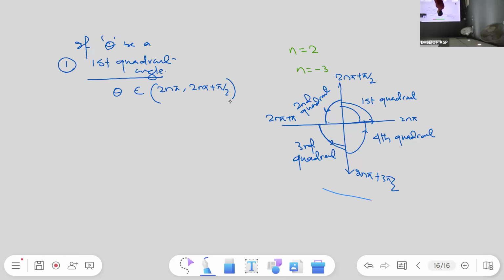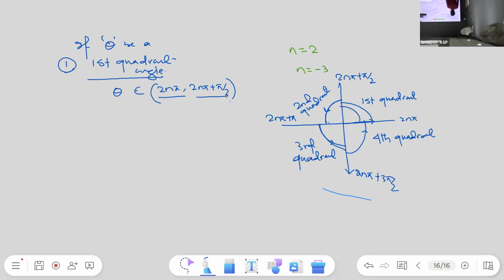If the first quadrant angle is 0 to 90, then what about 360 degree to 450 degree? 360 degree to 450 degree belongs to the first quadrant. 720 degree to 810 degree, first quadrant. 1080 to 1170, first quadrant. So in general, the first quadrant angle is 2n pi to 2n pi plus pi by 2. If you take n equal to 0, it will be 0 to pi by 2.